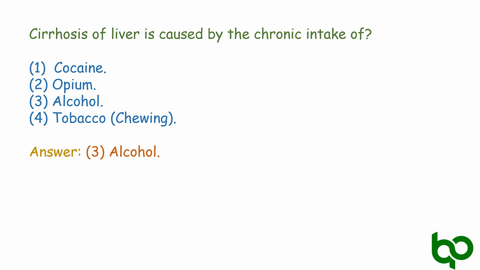The main causes are sustained excessive alcohol consumption, viral hepatitis B and C infection, and fatty liver disease. However, there are many possible causes. People with cirrhosis may develop jaundice, like yellowing of the skin, eyes and tongue, itching and extreme tiredness. So here the correct answer is option 3, alcohol.